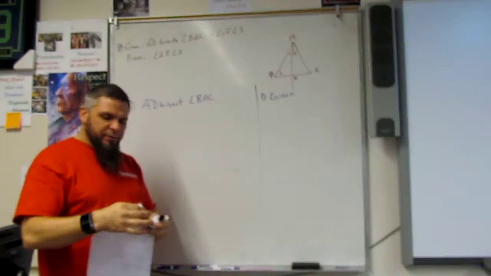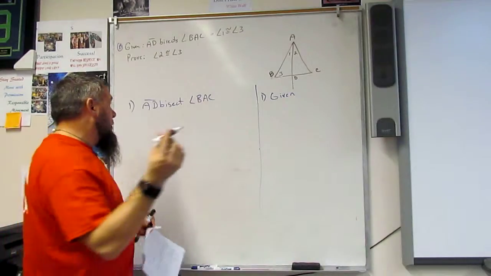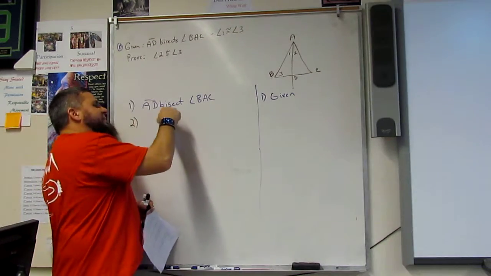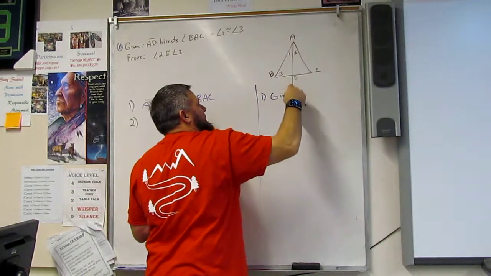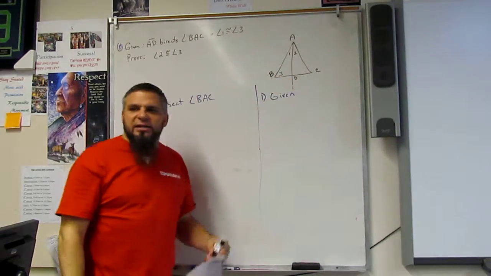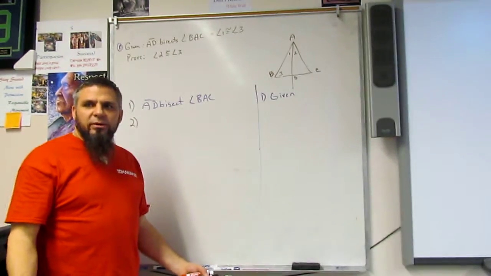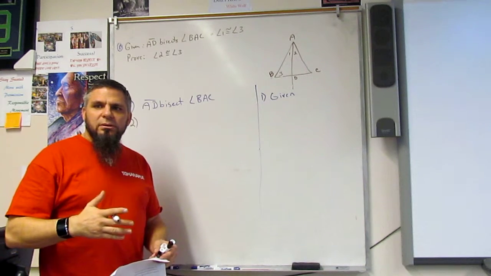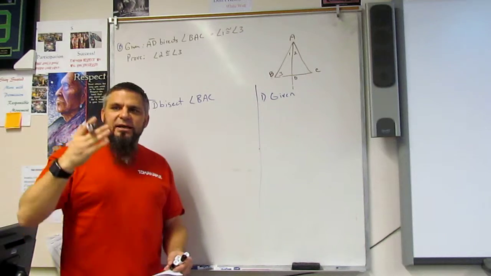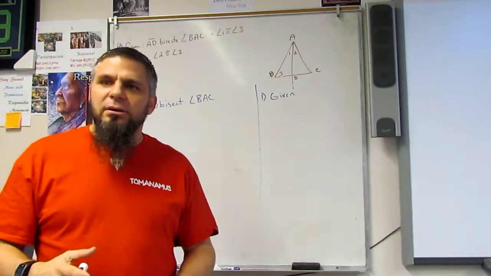Change color. Step 2. What does this tell me? If AD bisects it, what does it mean to bisect, first of all? If I bisect something, Kiko, what am I doing? If I bisect an apple, what am I doing?